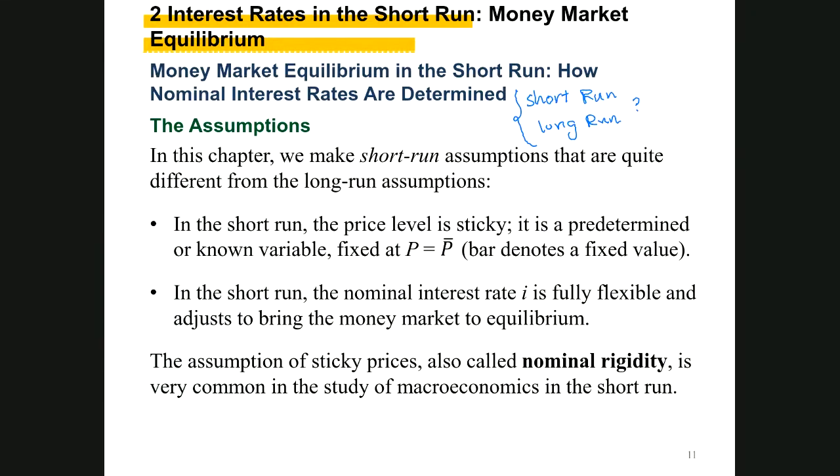There are lots of ways to define short run and long run in economics, right? And in the goods market, what do we say the production is in the short run, and what do we say the production is in the long run? What's the difference between the Heckscher-Ohlin model and the specific factor model?